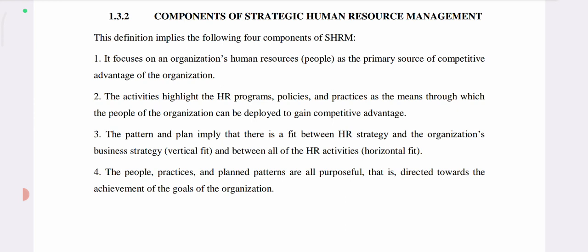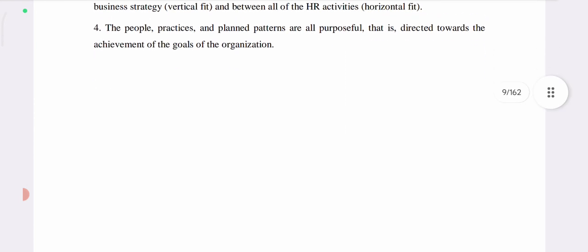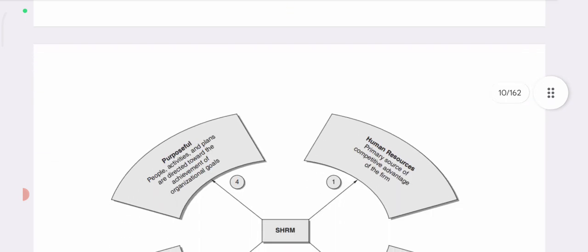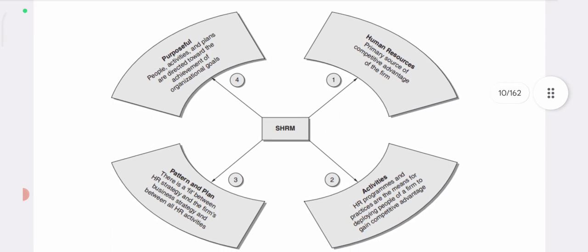Vertical fit, why? It gives a vertical and horizontal fit between HR activity and business strategy. The people practices and plan patterns are all purposeful, that is, directed towards the achievement of the goals of the organization.